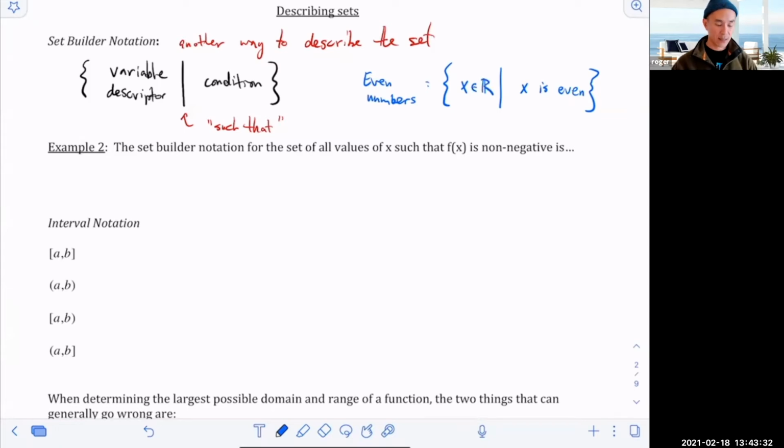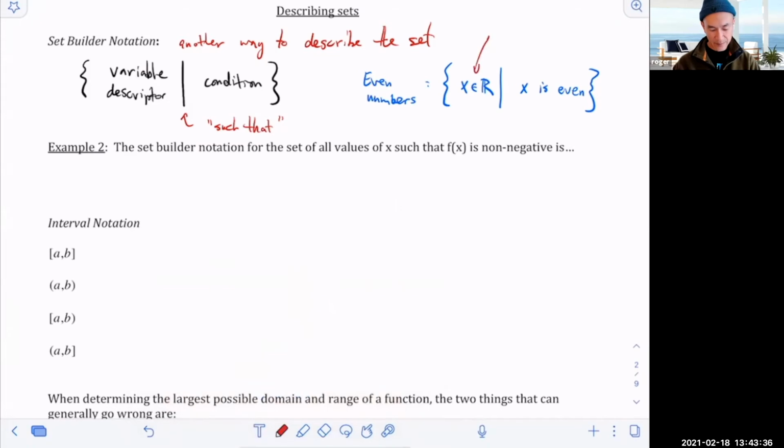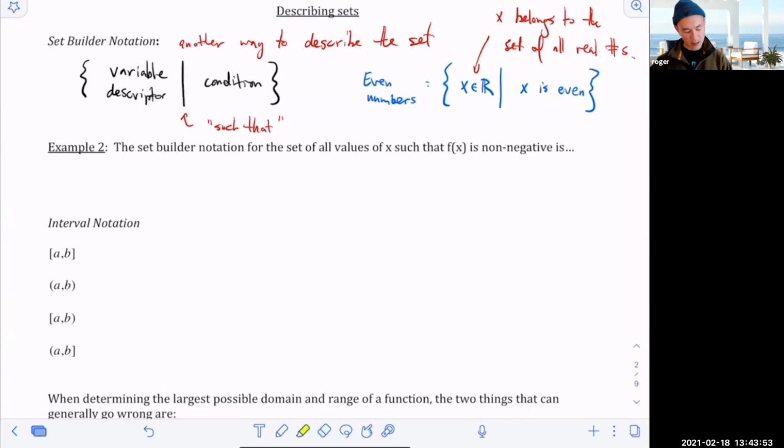This part here means X belongs to the set of all real numbers. That little E thing means belongs to. Does that make sense? All right, great.